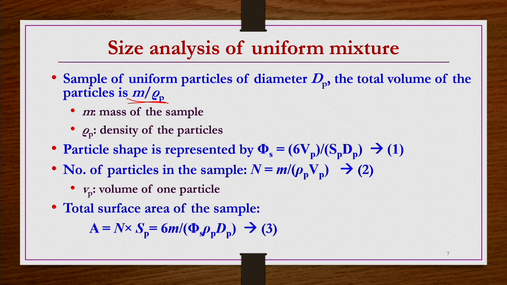Here n is m by rho p Vp, and from equation 1, Sp is 6 Vp by phi s dp. If you simplify it, you will get 6 m by phi s rho p dp as the total surface area of the uniform mixture that you have taken.